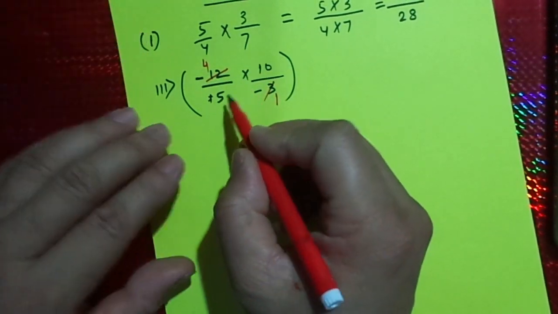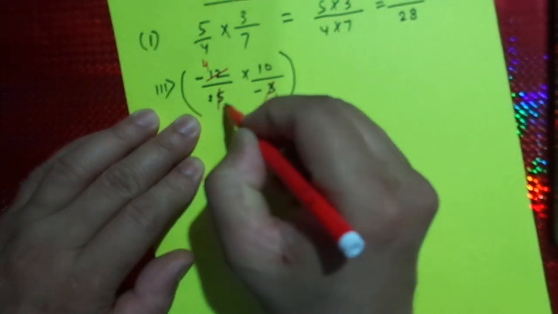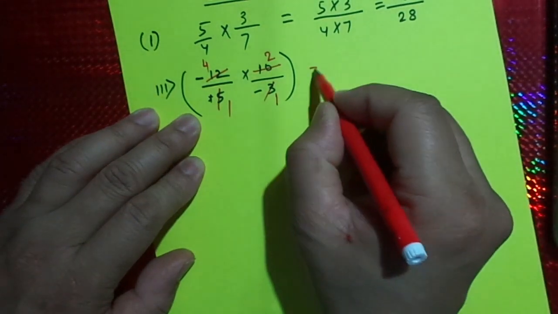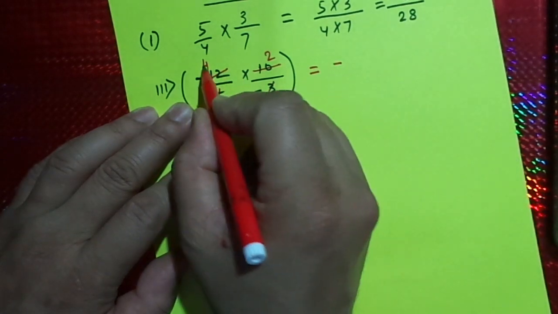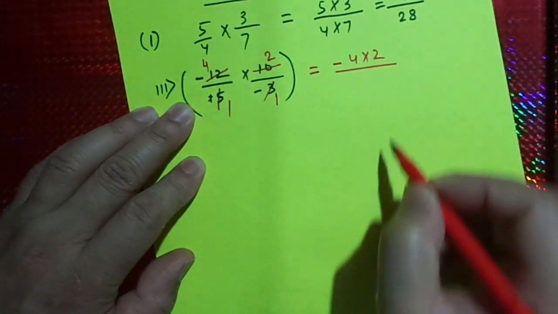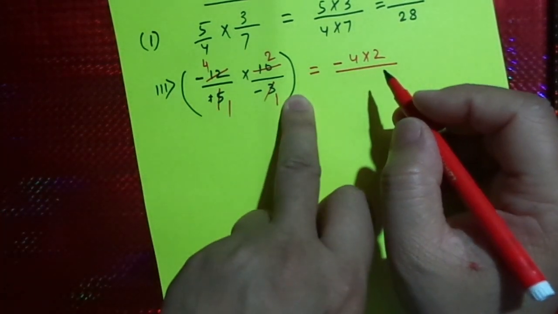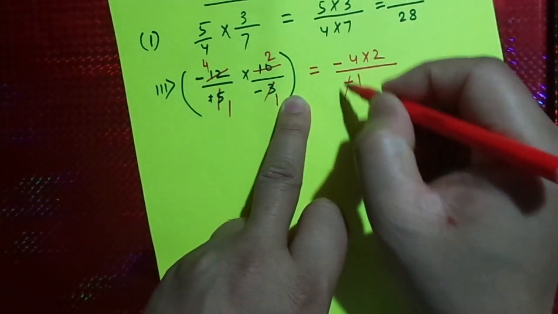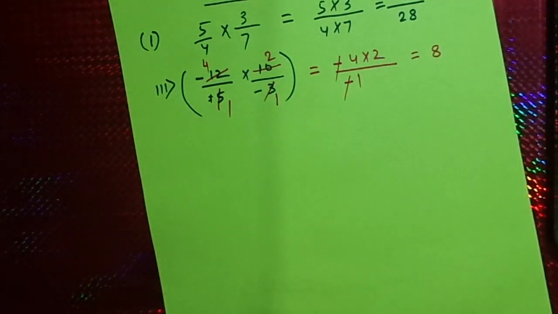While when you come to these two numbers, the denominator and the numerator over here, 5 1 times, 5 2 times. So we get our solution as minus 4 into 2 as numerator, while in the denominator we do not have any number, isn't it? But still we have minus 1 over here. So this can be cancelled and you can write it as 8, 4 2 times 8.